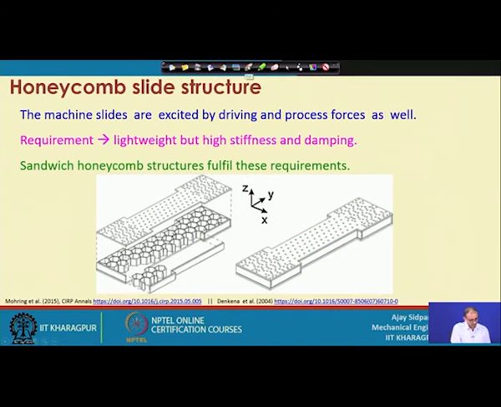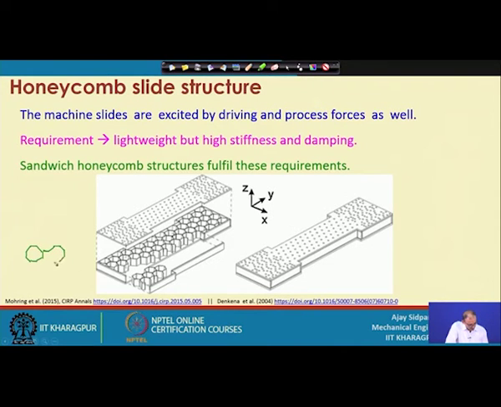Now, what we are doing here is that this is the honeycomb. If you see a honeybee house, at that time you will get this type of structures. Correct.